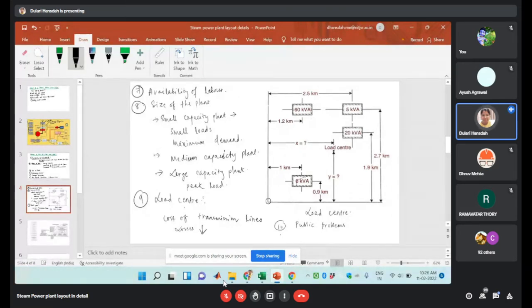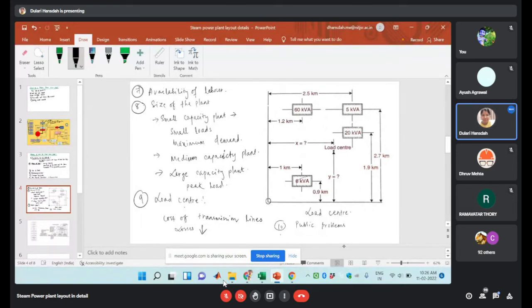The fly ash disposal will also be there, and heat will also be discharged to the atmosphere, so that will give public issues. So for that reason, the thermal power plant will be placed away from the towns or cities.